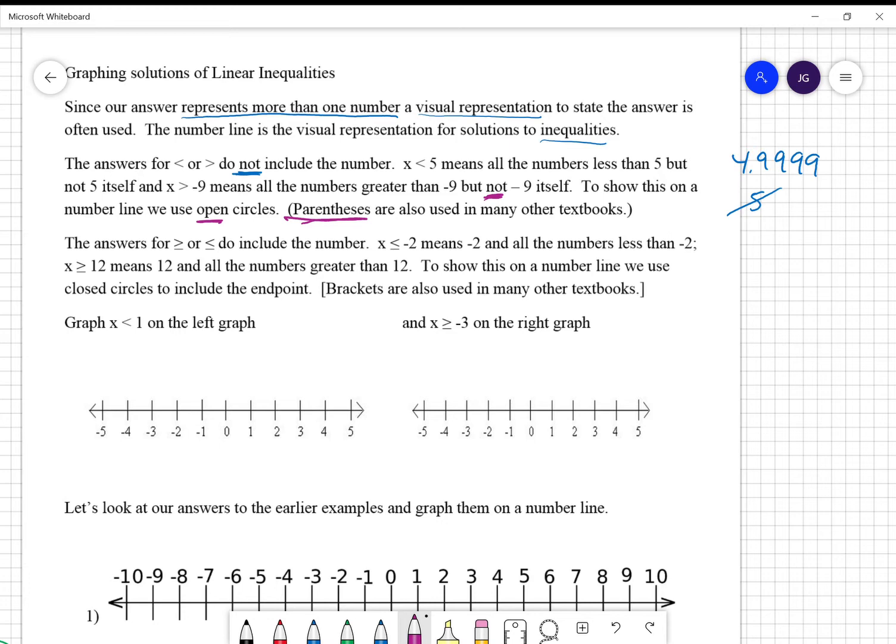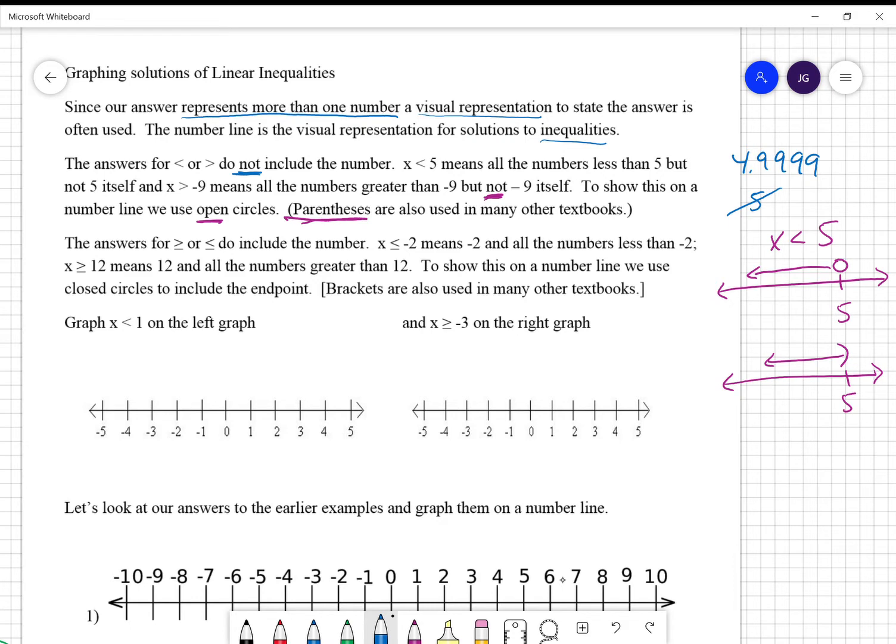So X is less than 5. On a number line, wherever 5 is, I would put an open circle, and less than would be this direction. Or if I used the parentheses, I would be at the number 5, and my parentheses would go towards the left because that's the direction I was going.